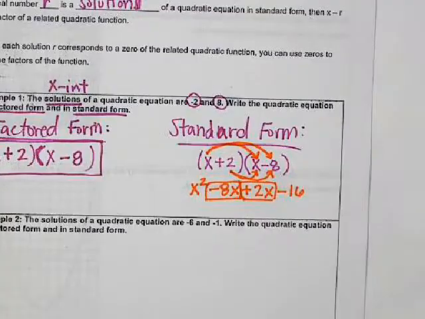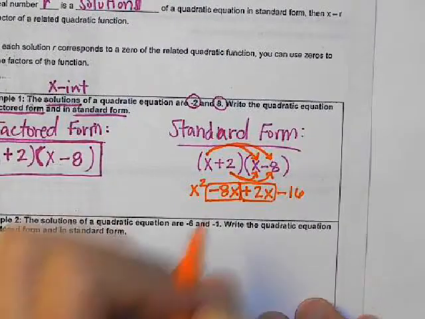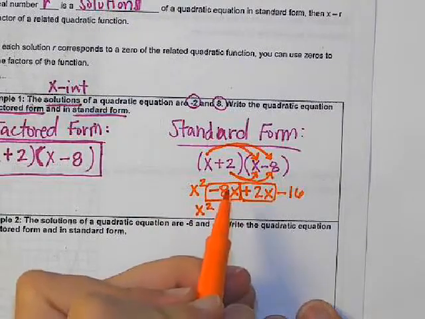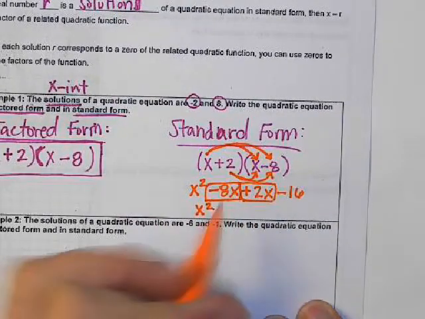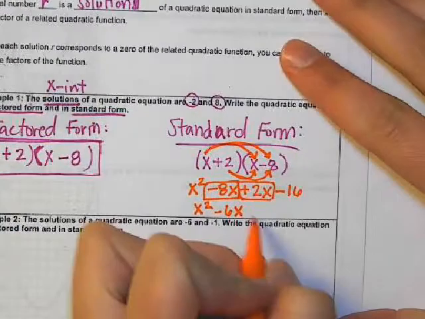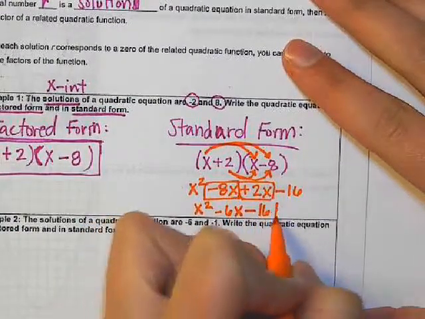Now, when I write this, does the order matter? Yes. What has to go first? X squared, the highest exponent. Then I'm going to combine -8 and 2, which is -6x, and then the regular number last, -16.